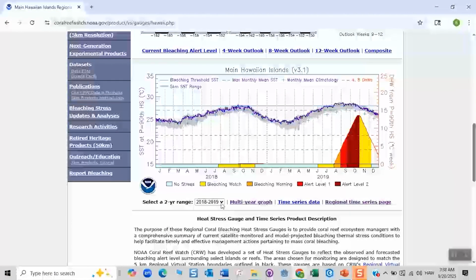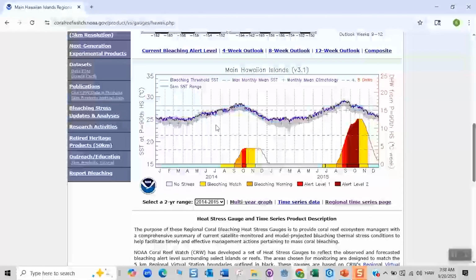If we look back to that 2015 bleaching, 2014 had a little bit that occurs. The sea surface temperature comes back down. It does come back up here in 2015, and you can see again a more sustained bleaching event occurring, which was pretty severe for us out here.